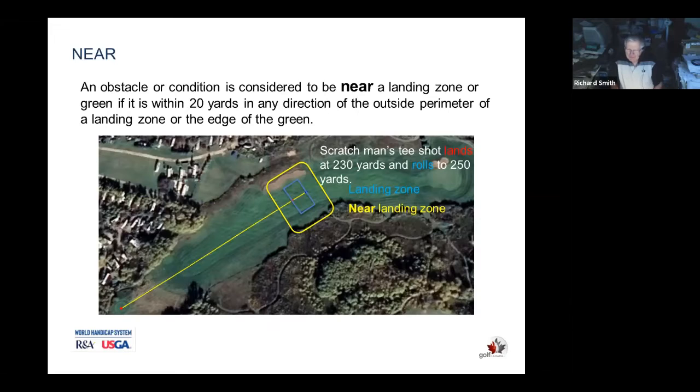If it were the green we were talking about, well then instead of that blue landing zone, we would have essentially the green itself, a lot less regular in shape, of course, and the near line would be 20 yards away. The previous closely bordering would be, as shown in that slide, 10 yards away.